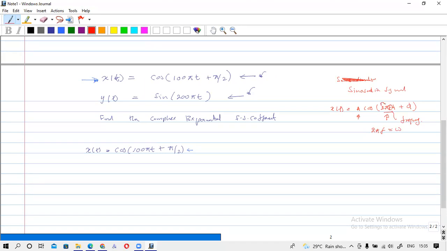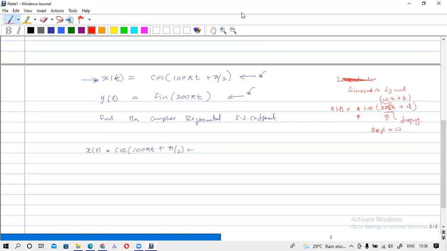So you can also write this signal as A cos(ωt + φ). That is the same, there is no difference. So this omega is the angular frequency and this φ is the phase shift. So 2πf is equal to omega. Okay, so this is the normal representation of a sinusoidal signal.